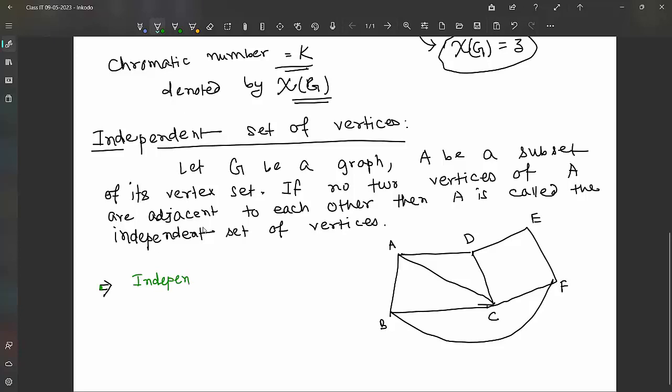Sir, A and F. Yes, A and F. Okay, A and F are an independent set of vertices.